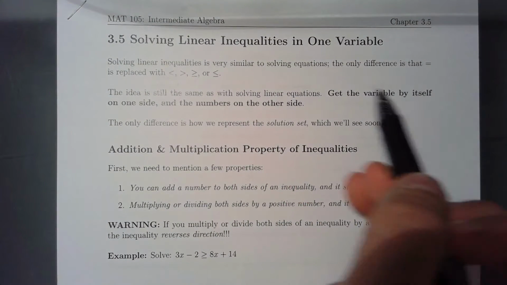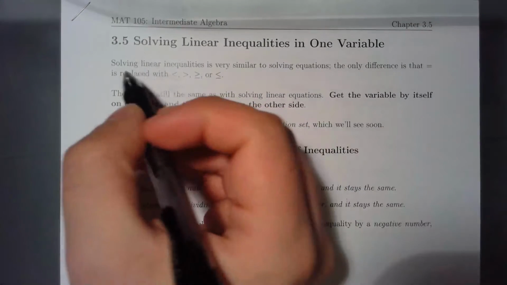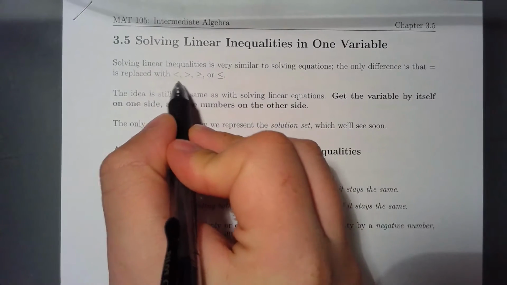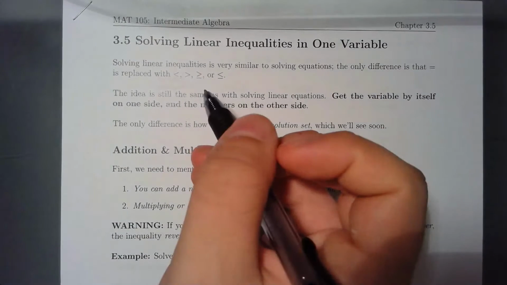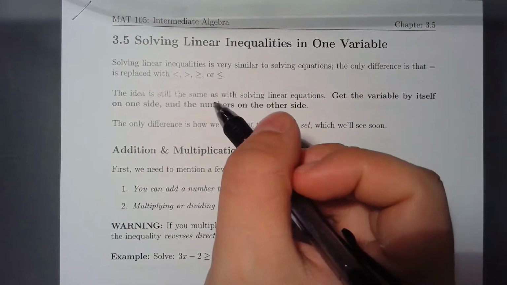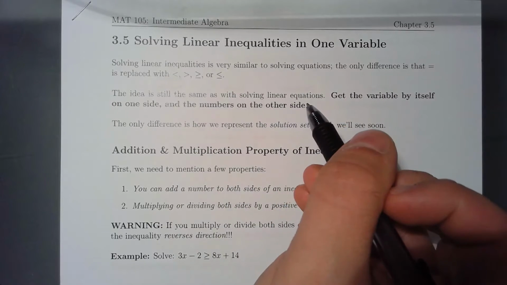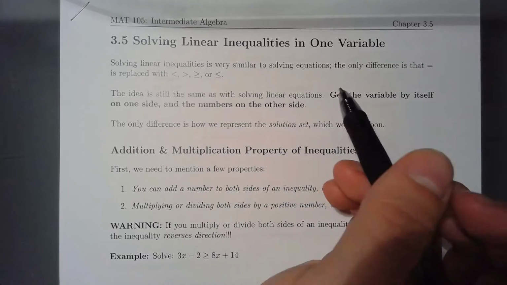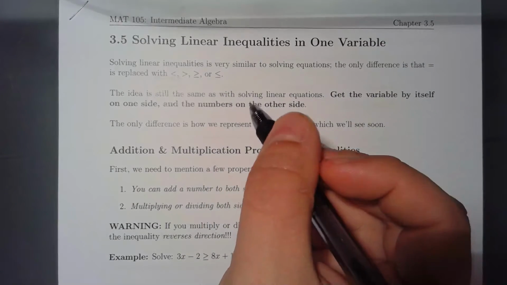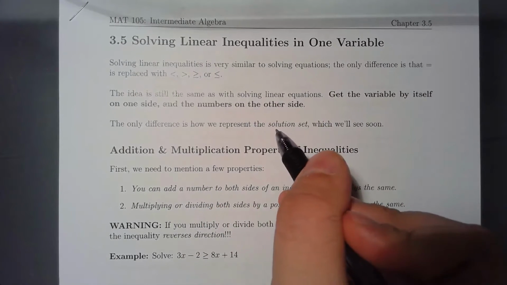The only difference is that the equal sign is replaced with inequality symbols. And the idea is still the same as with solving linear equations. Get the variable by itself on one side and the numbers on the other side. The only difference is how we represent the solution set.